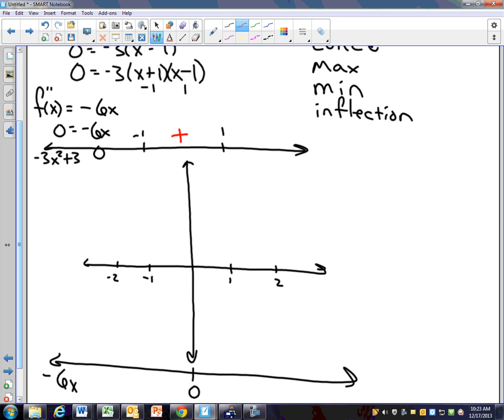Not necessarily. I'm going to show you an example where that's not the case. I could plug in -2. -2 squared times -3 is -12 plus 3, negative. And if we were to plug in, say, a +2, again, we would get -12 plus 3 is -9, negative.